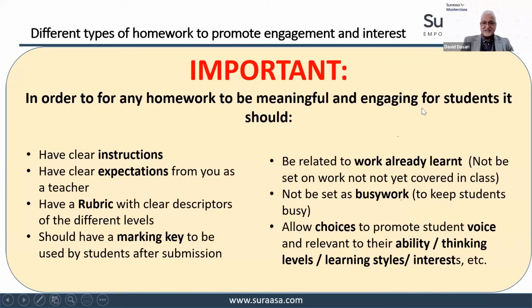Breathe them in, because they are the essence of making homework meaningful and engaging. Okay, I want to talk through a couple of them, and these are all important.